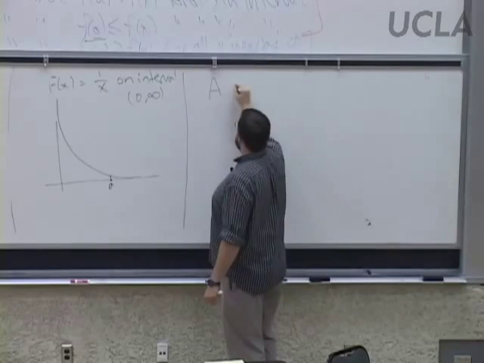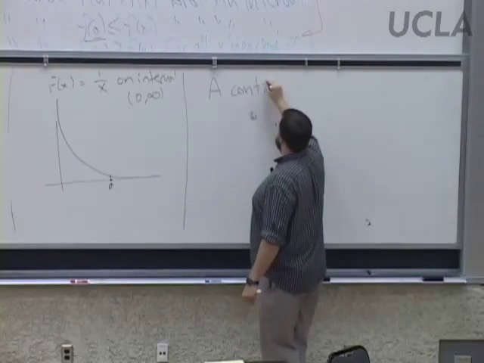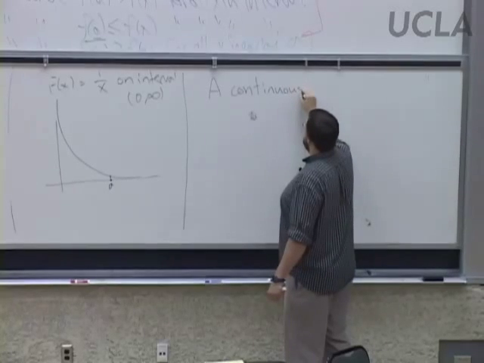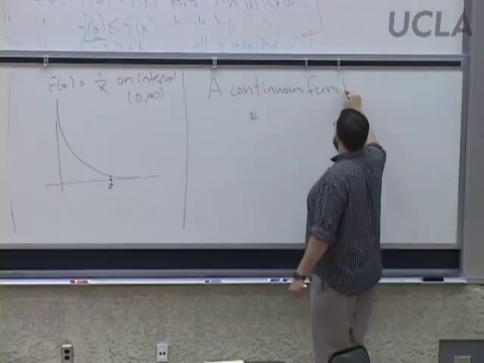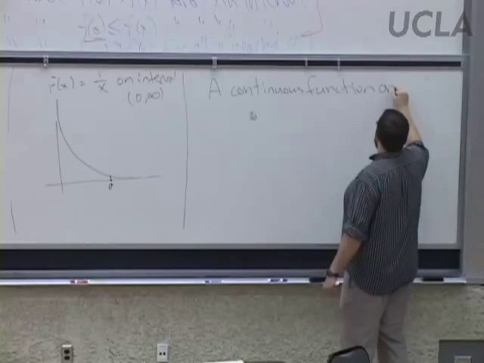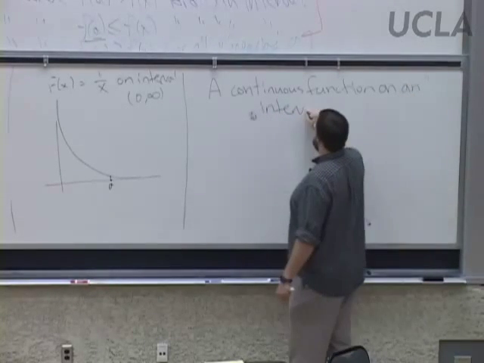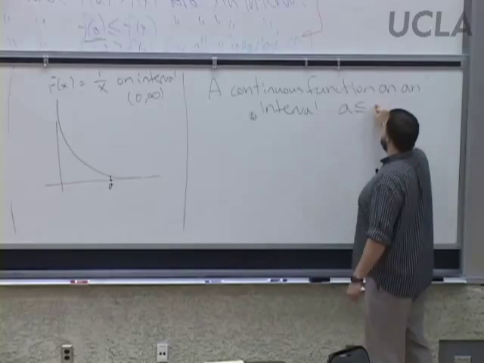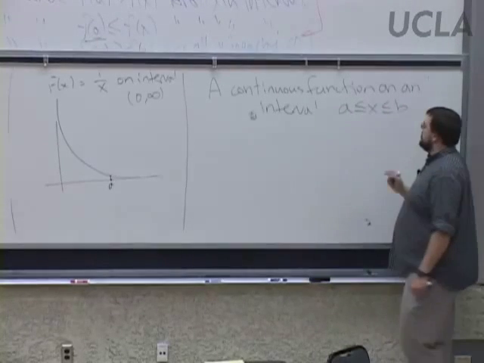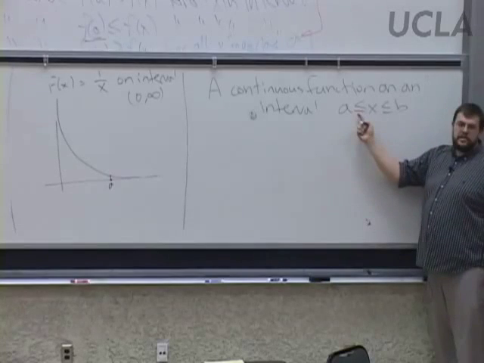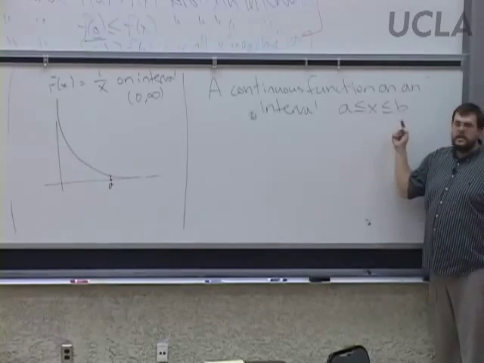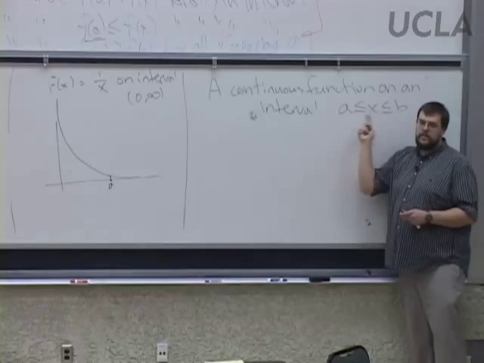A continuous function on an interval a less than or equal to x less than or equal to b. If you look in the book, they'll call this a closed interval, the idea being that we include the endpoints.